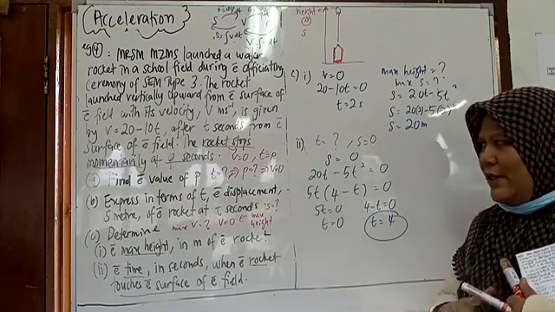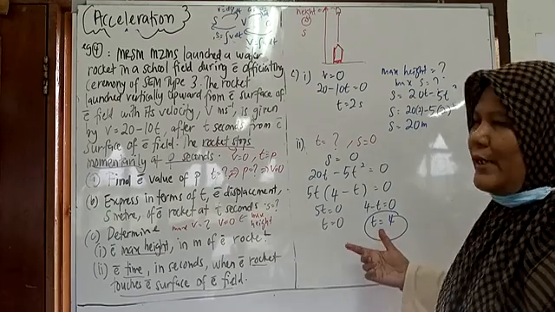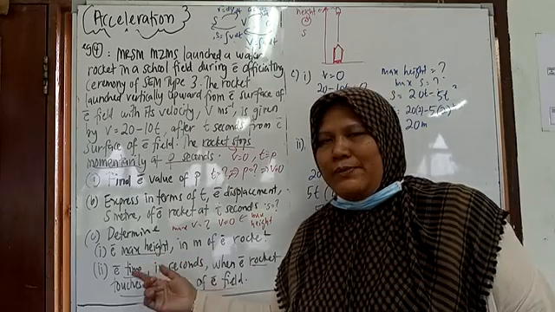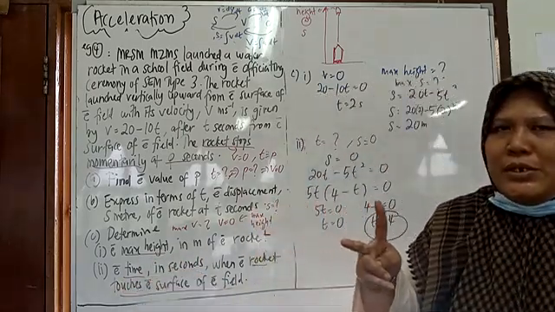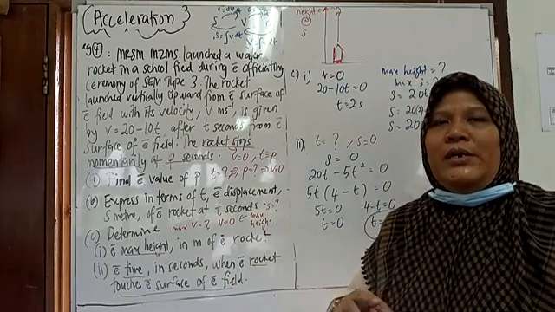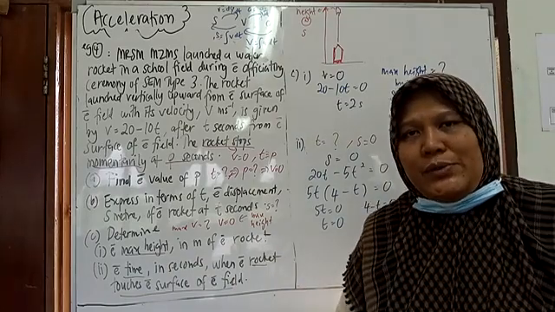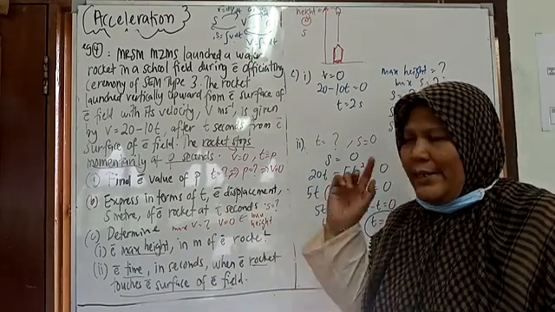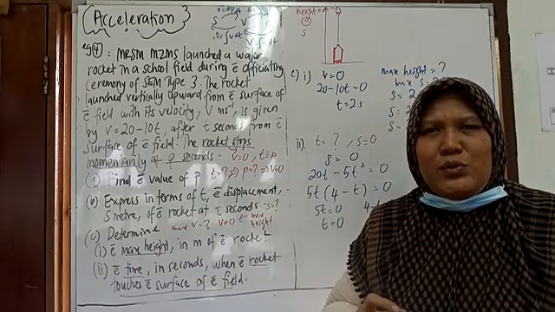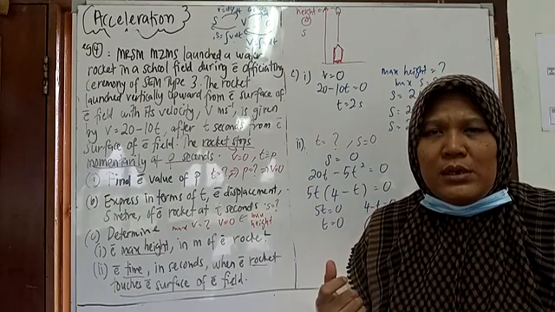So basically, these are the things that you need to know. Remember, when we talk about maximum, there are two things that you need to understand. First, maximum or minimum, we relate it with dv/dt or dy/dx equals 0. Another thing, in this question, maximum refers to when v is equal to 0.